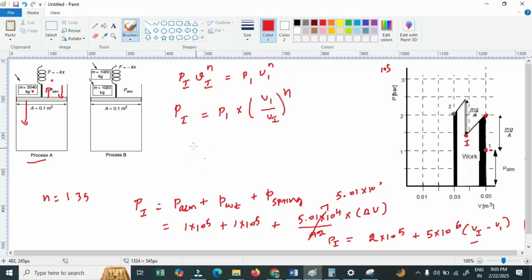If you substitute here, P1 multiplied by V1, that is 0.05, divided by Vi.